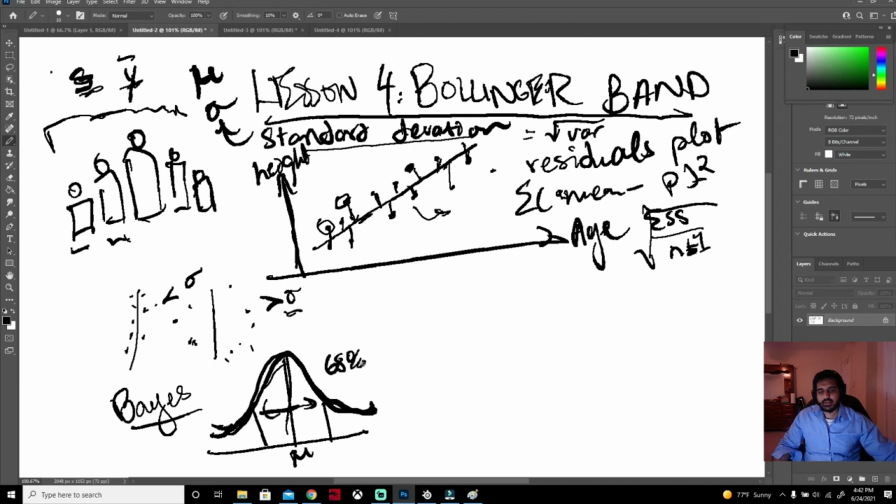I'm guessing it's 68% of the data falls within one standard deviation, and then 98% falls within two standard deviations.